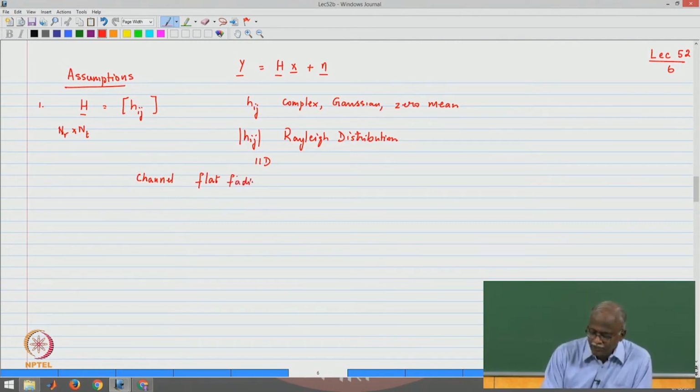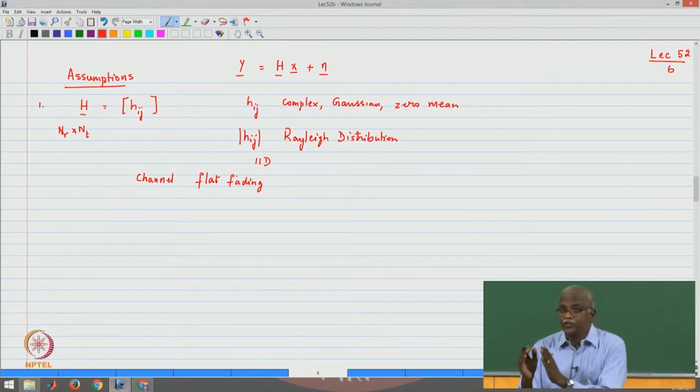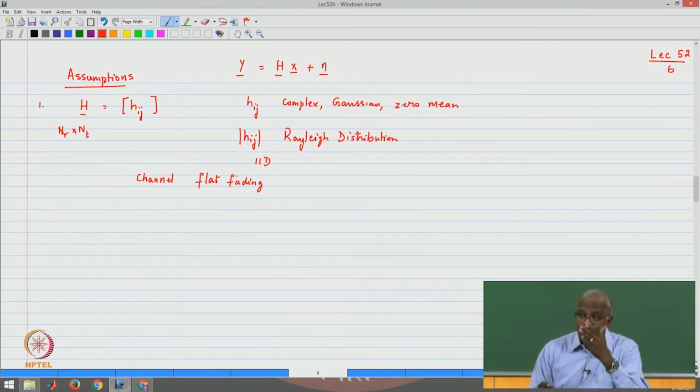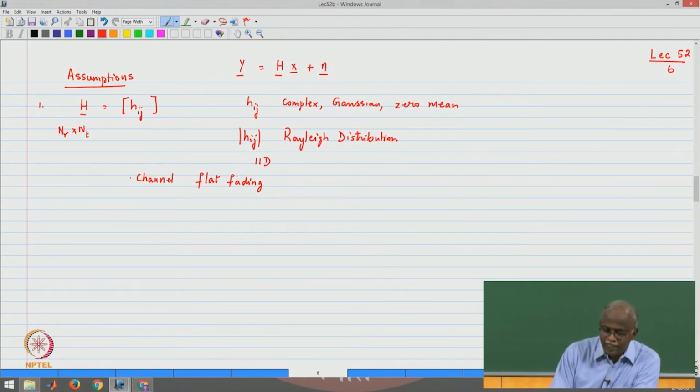An important classification is that it is a flat fading channel which has Rayleigh characteristics, and because each of these large number of channel gains are all independent of each other, such an environment is called a rich scattering environment.